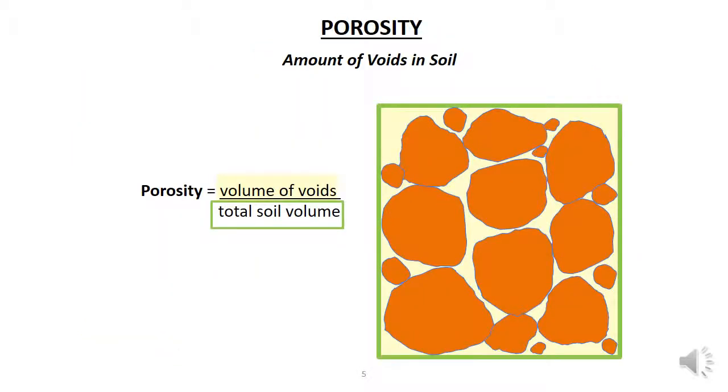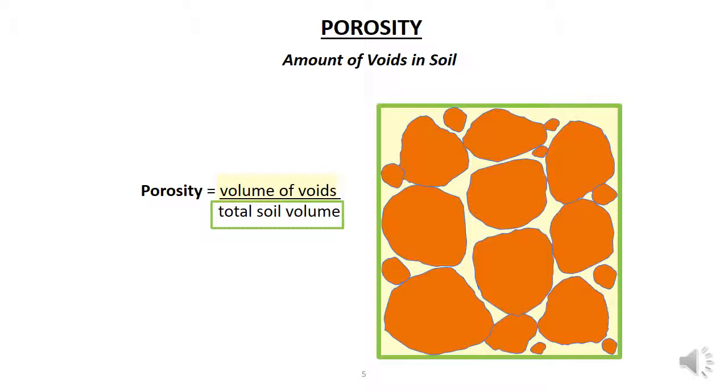The amount of the soil structure that is voids is called the porosity. It is a measure of the volume of the voids divided by the total volume of the soil. So here the voids are shown in yellow and the total volume is shown in the green line. The total volume includes the volume of the voids and the volume of the solid particles.